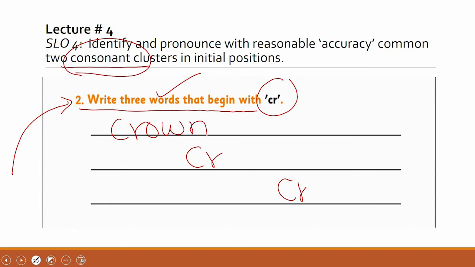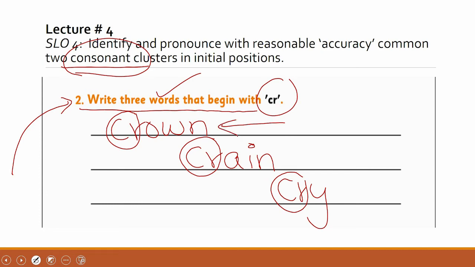Crown, crane, I hope you can see it, and cry. The consonant kr is joining with ow, with ay, and with I to make crown, crane, and cry.